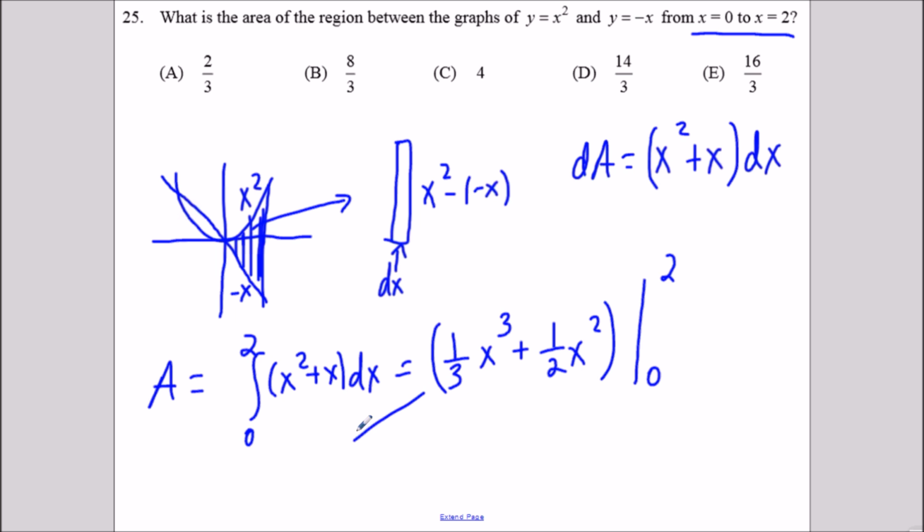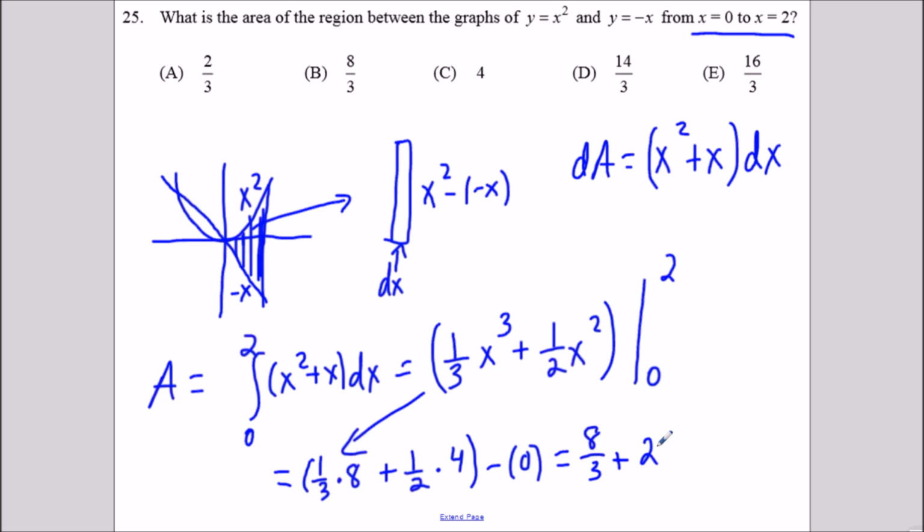So the next progression here is that we're going to have 1/3 times 8 plus half of 2 to the second power, which is 4. And then when we plug in 0, it cancels out everything. So the second parenthesis is very easy to deal with. And we'll have 8 over 3 plus 4 divided by 2 is 2. So you're going to have 8 over 3 plus 6 over 3, which works out to 14 over 3. So this one is going to be choice D.